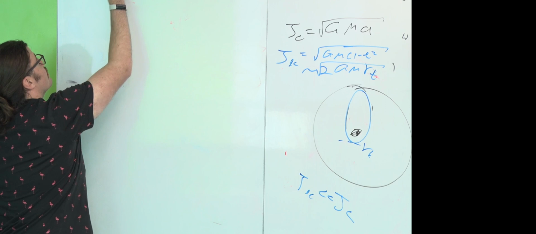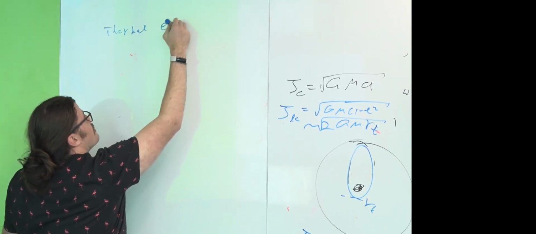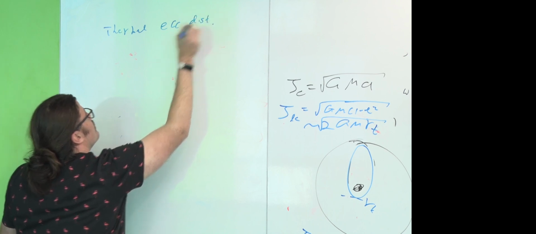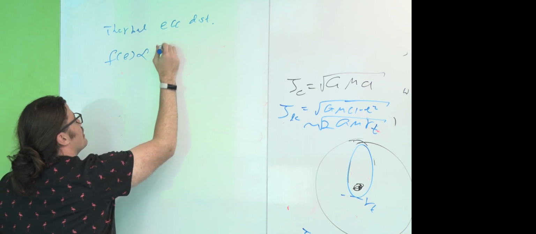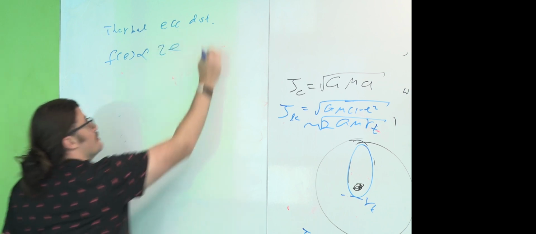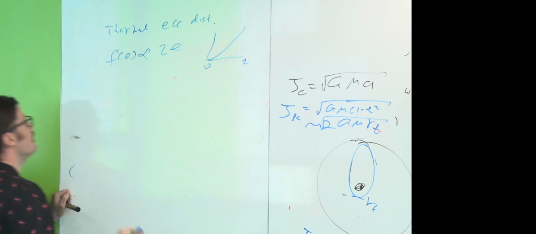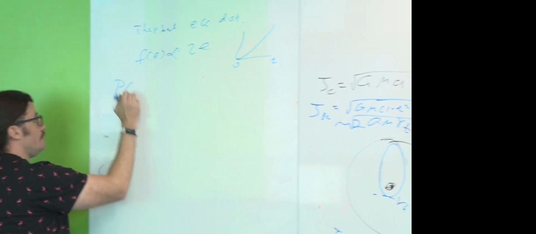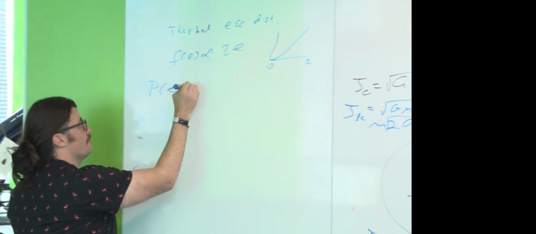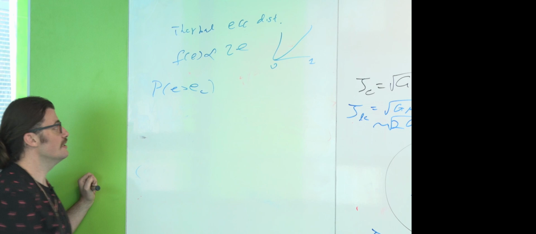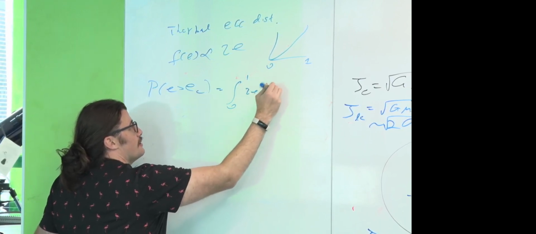So if you have a thermal eccentricity distribution, it means that the distribution is 2e, between 0 and 1. And the fraction of orbits that have eccentricity above some critical threshold is essentially this integral. It's a silly integral, but okay.